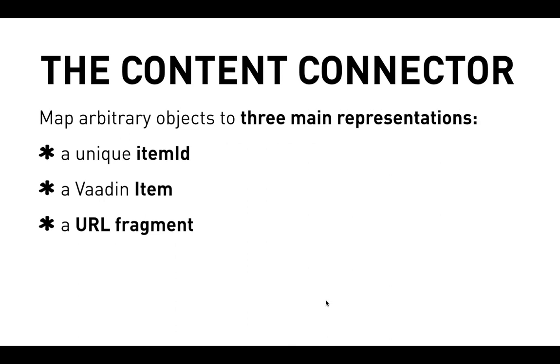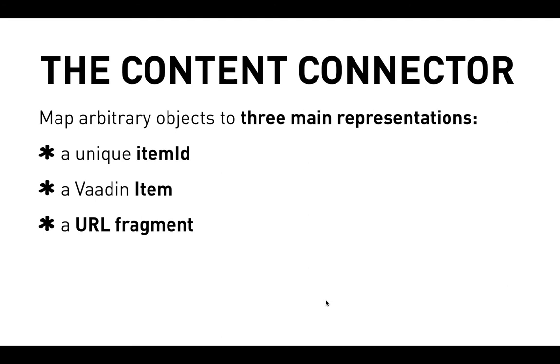So what is a content connector? It's very simple. It's just a stateless object that helps map your own business objects to three main representations. You should be able to map them to a unique item ID, as we've just seen. Then from this item ID, maybe get a Vaadin item out of it, and vice versa: from the item, get its item ID.